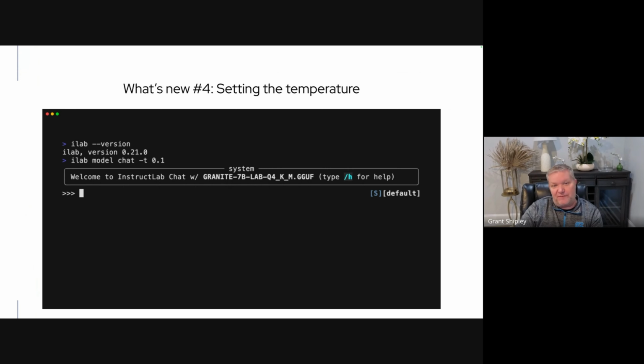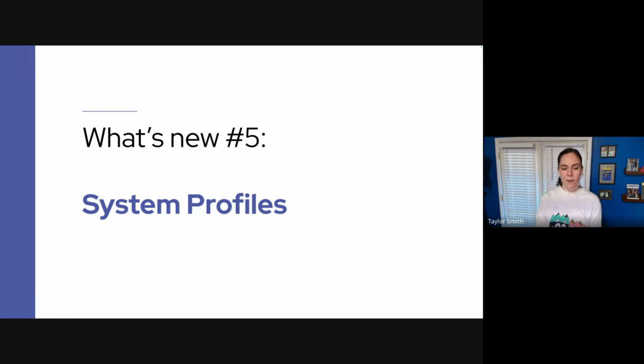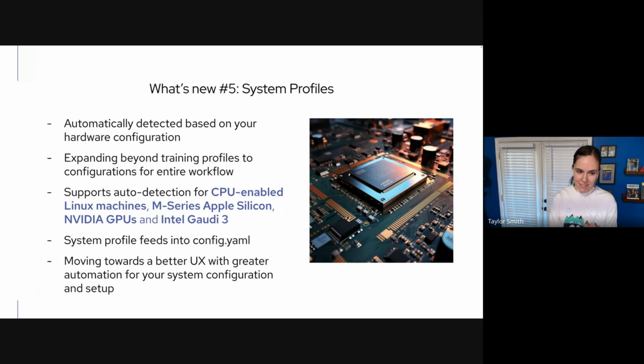All right, so let's go to feature number 5 that we want to highlight, and that is system profiles with Taylor. Yeah, so arguably the most exciting feature of 0.21, we now have hardware system profiles. In previous versions of InstructLab, we had what we call train profiles. These are specific configurations for InstructLab training, depending on your hardware setup, and they help optimize the training for the specific hardware that you have.